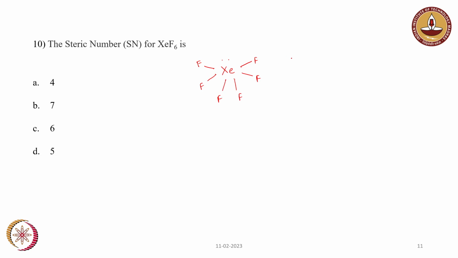So there are a total of 6 bond pairs plus 1 lone pair. So the total steric number will be 7. And for steric number 7, the expected structure is pentagonal bipyramidal.